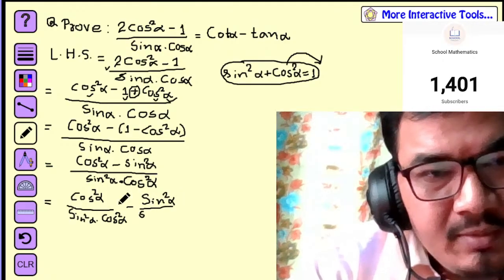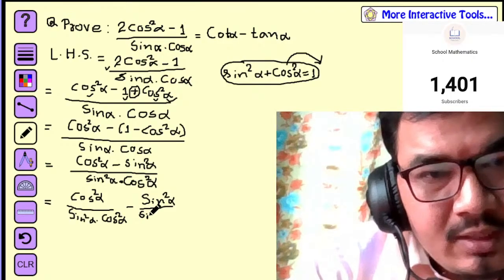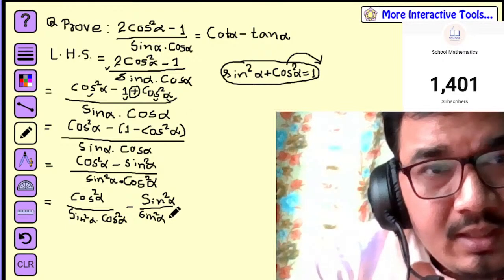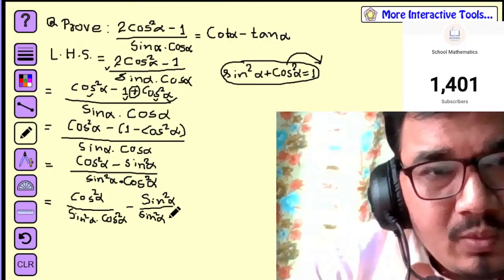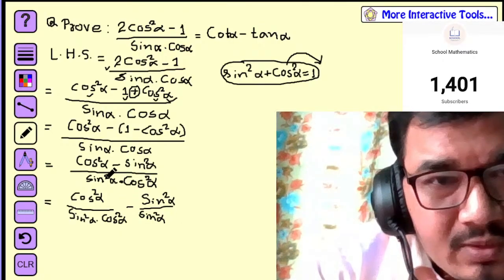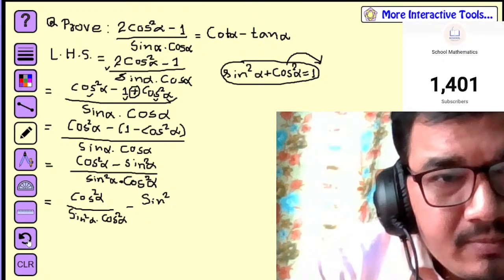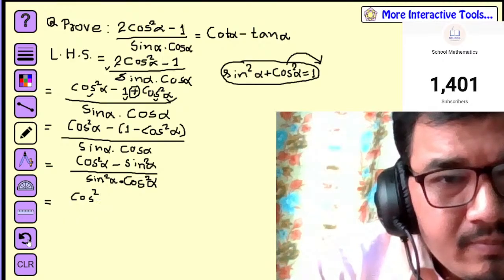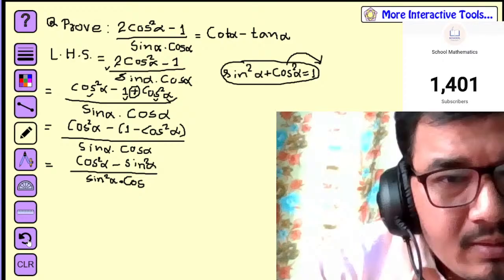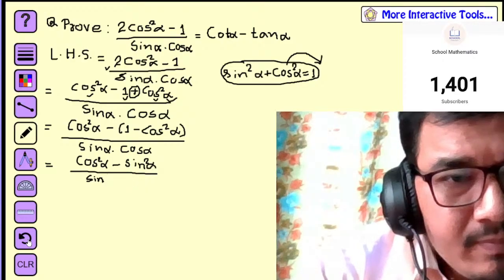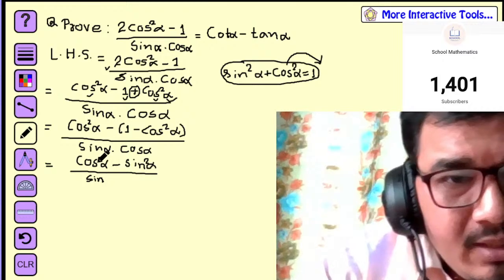Again the same denominator here, sine alpha into cos alpha. Look children, there is no square here in the denominator; it was copied with a square mistakenly.